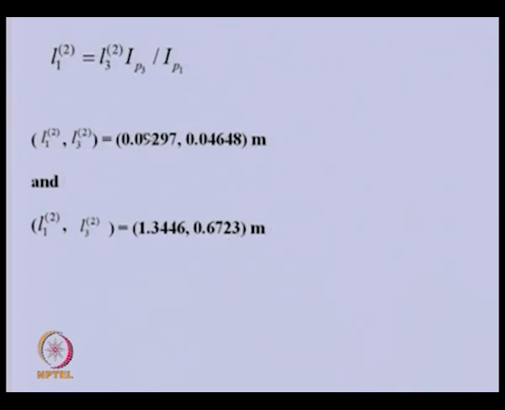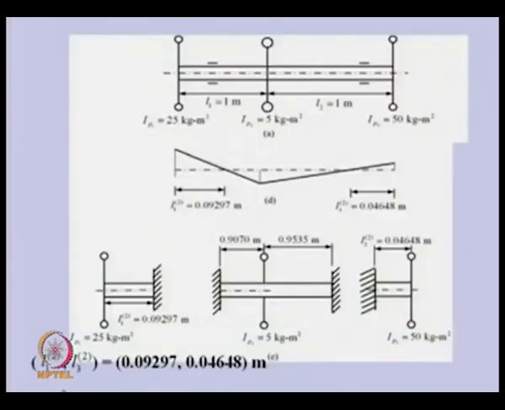Now let us see what these values represent in the rotor system. For the first case, L1 is this one and L3 subscript 2 is this one. Basically these are these distances, this one and this one.